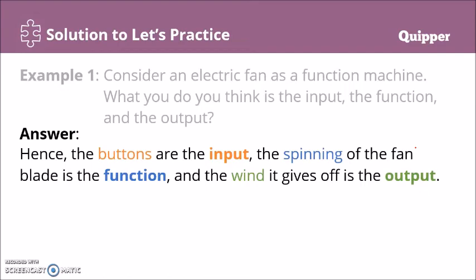But if you press on 3, okay, that's the maximum. That's the input is maximum. So the spinning of the fan blade, which is the function, mabilis din masyado, no? It's gonna be very strong. And so, the wind it gives off would also be at maximum, which is the output. So, the wind that it gives off depends on the buttons that you press. And the buttons are considered as the input.